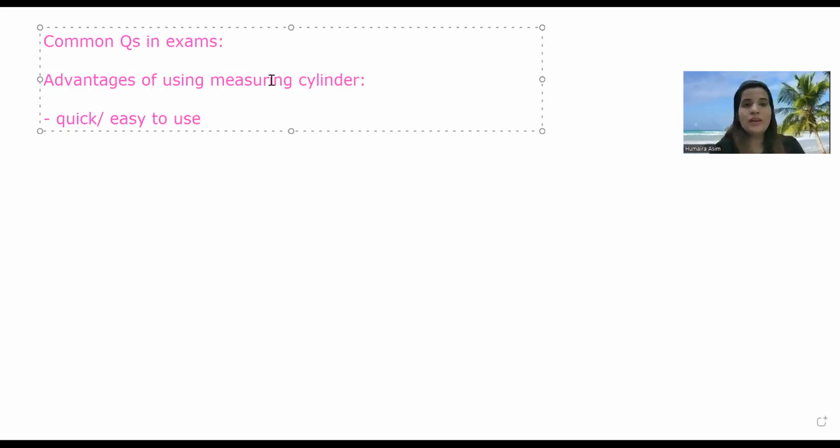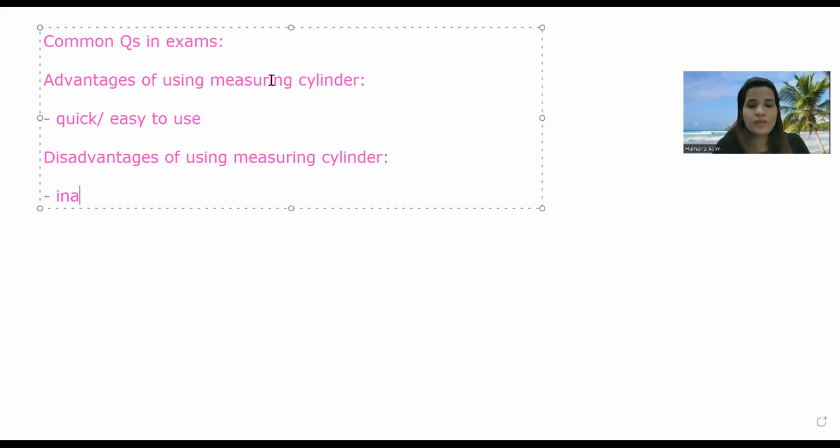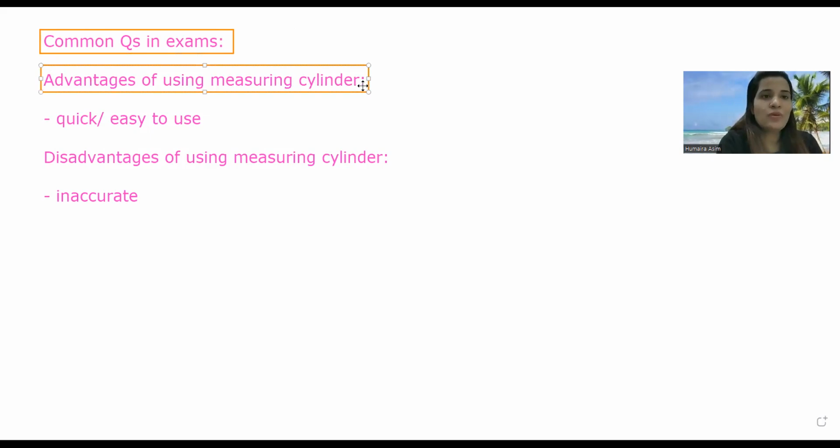How about the disadvantages of using a measuring cylinder? It is inaccurate. It is not as accurate as a burette or pipette. So these are the advantages, and this is the disadvantage.